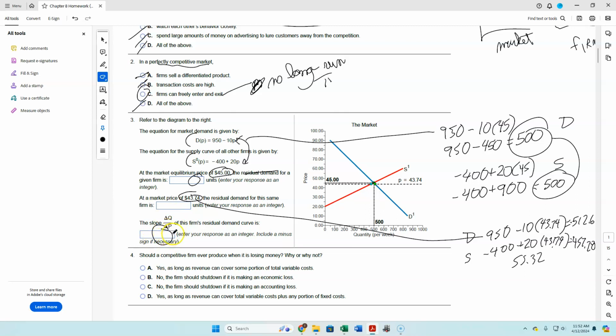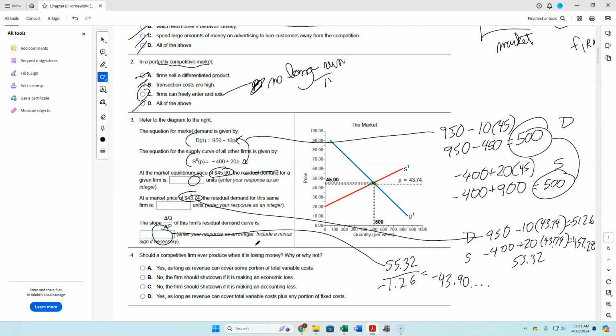So in this case, I have a unit quantity change of 55.32, and I had a unit change in the price of 1.26 negative. And that gave me a negative 43.90. Okay.